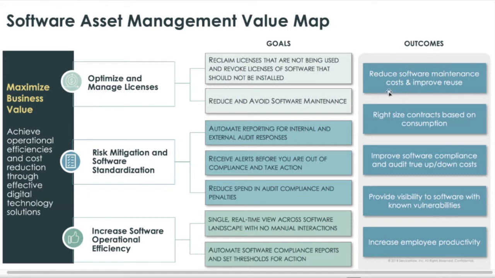So that's a key outcome. From a risk mitigation and software standardization perspective, we all know that more and more software vendors are focusing on auditing. Gartner and others say most organizations might have one or two software audits per year.